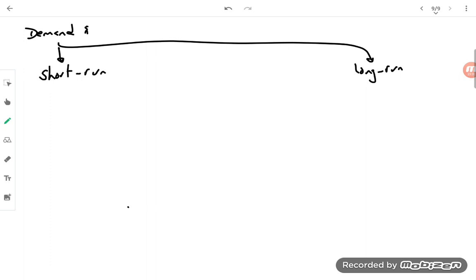And this is true for product demand. If we are going to talk about the production function in the short run, you can find that there is only one variable which is variable, while all other variables are constant. Quantity of the output is a function of labor, while capital is constant in the short run. So in the short run, we cannot substitute labor for capital.